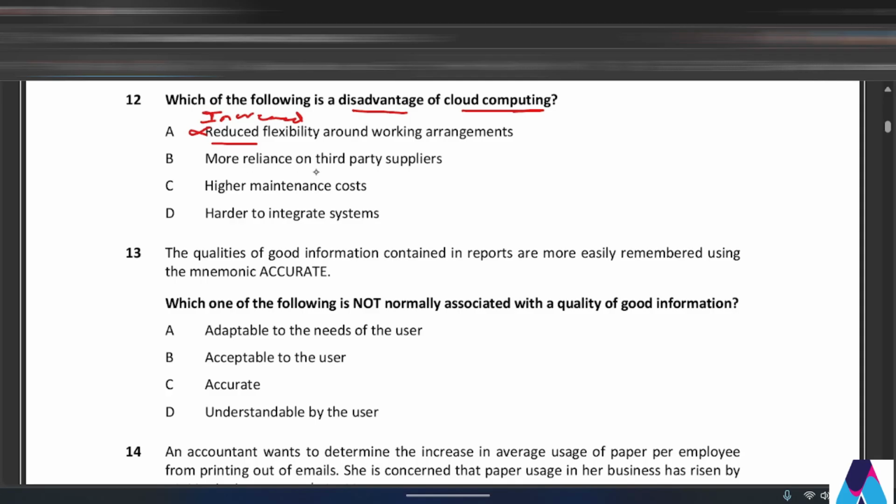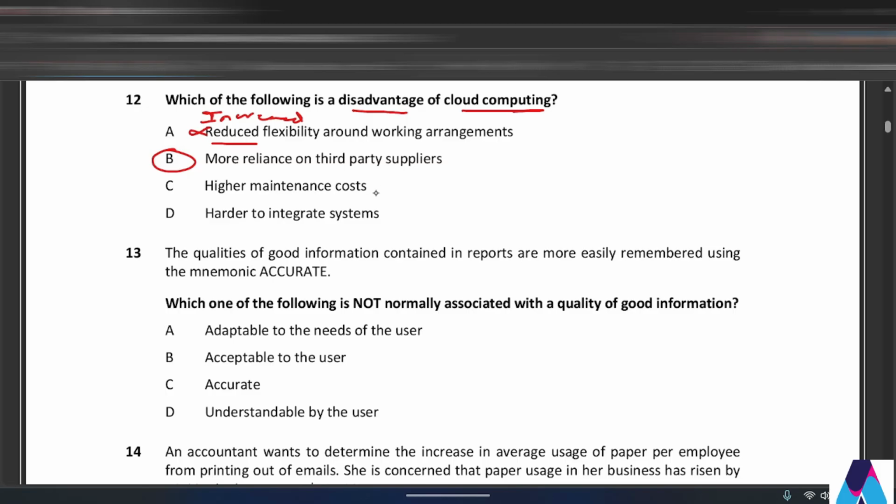More reliance on third party supplier, yes, because just like I stated, instead of managing your own IT system, you rent them from a cloud provider. So if you are renting it from someone, you are being dependent on them, right? So more reliance on third party supplier, that is correct. Part number C says higher maintenance costs. So if you are renting from someone, why would you pay the maintenance, right?